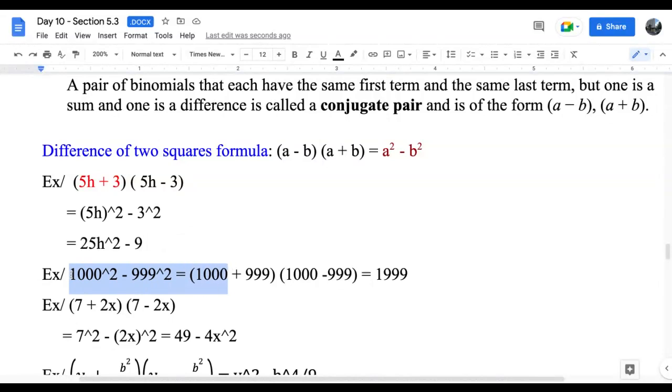Again, go back to the previous one. We have one similar one, 1,000 squared minus 999 squared. That's 1,000 plus 999 times 1,000 minus 999, which equals 1,999. Because 1,000 plus 999 is 1,999, but 1,000 minus 999 is just 1.